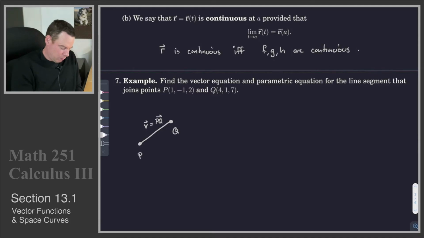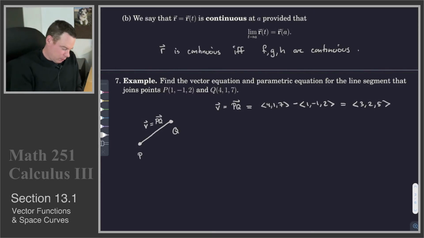It's going to be given by that vector P to Q. And so the vector from P to Q is tip minus tail, so it would be 4, 1, 7, minus 1, negative 1, 2, which is 3, 2, and 5.